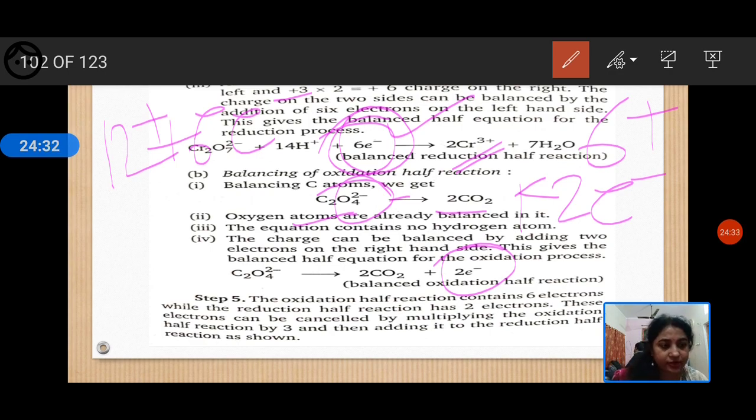You have never seen electrons appearing in the product of any reaction, so these electrons should be balanced. To make it 6, we will multiply by 3. We will not multiply only the electron; the whole reaction will be multiplied by 3.